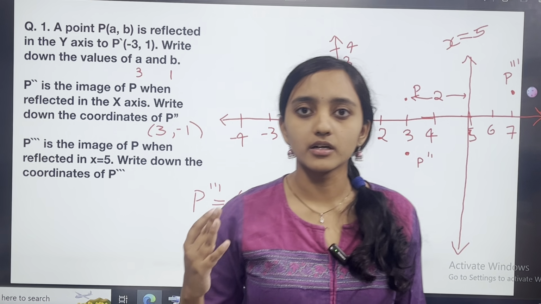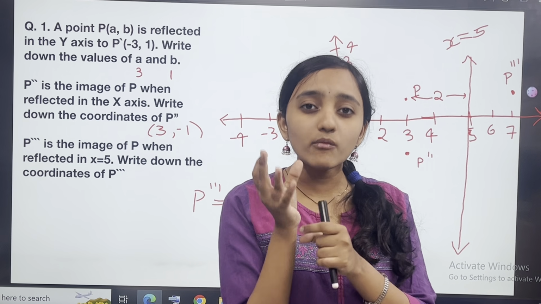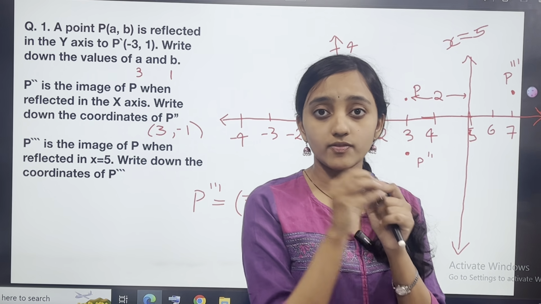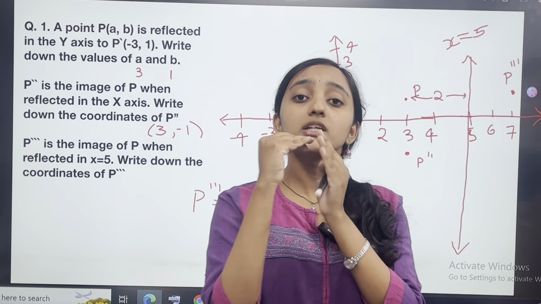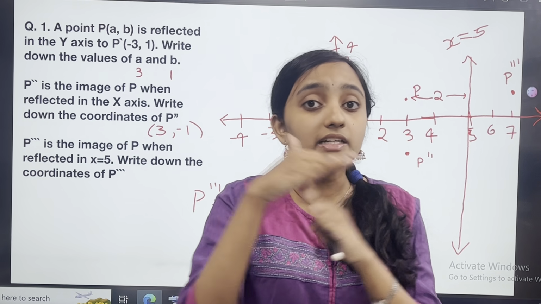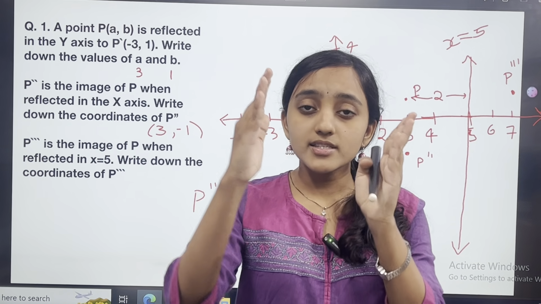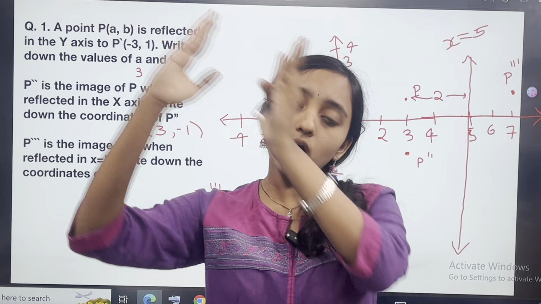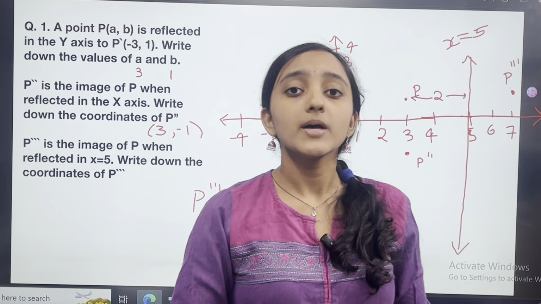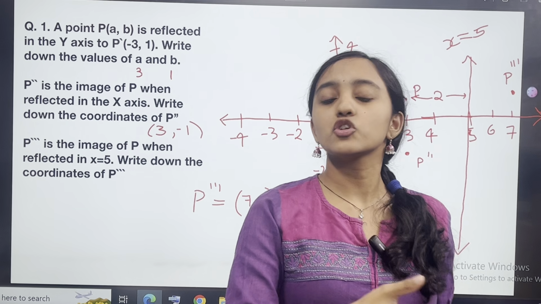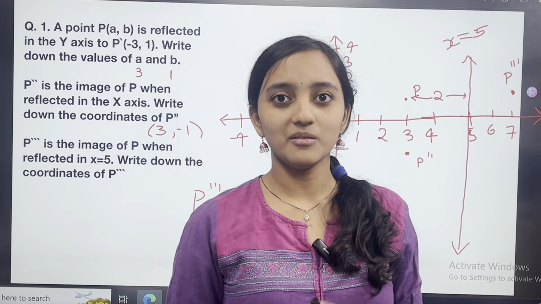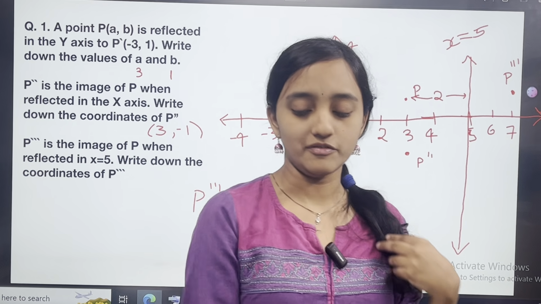Wherever your mirror is, find the distance, see what is the distance between your point and that mirror, the perpendicular distance, perpendicular as in 90-degree distance. That means straight distance. And the same distance, equal distance, you have to do the reflection. That's what you will even learn eventually when you do your mirrors physics chapter on reflection.